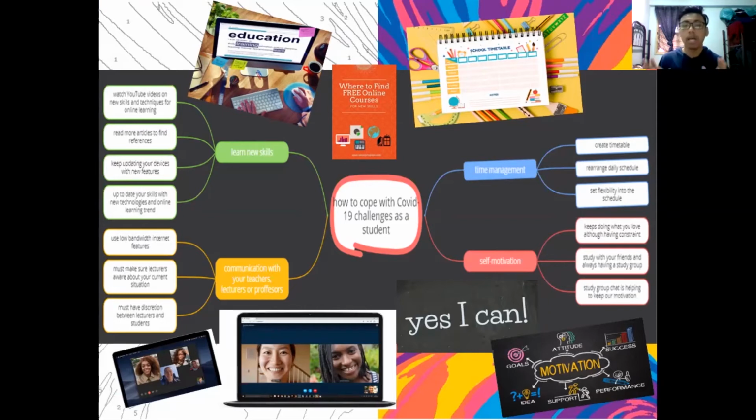To keep it simple and tight. After I have 4 keywords, I'm adding more branches to my keywords because I want my ideas to flow more, to generate more ideas, to generate more alternatives to solve my problems.